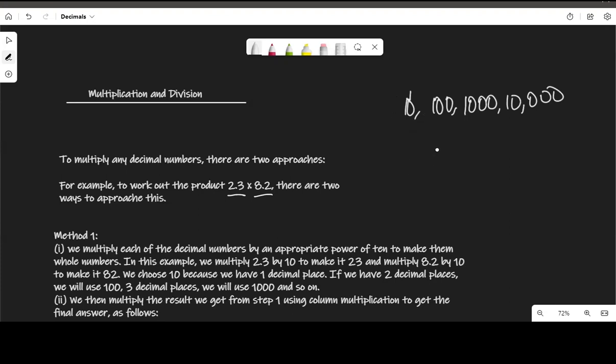If it is two decimal places, let's assume we have 2.31, to turn this to a whole number, I'll multiply by 100, because I have two decimal places. If I have three decimal places, I'll multiply by 1000. So our choice of power of 10 depends on the number of decimal places.